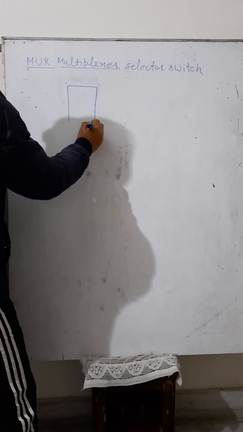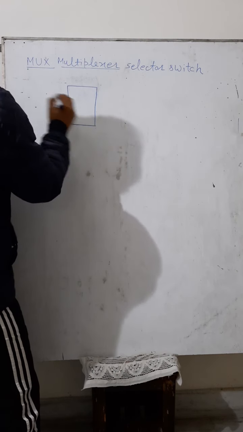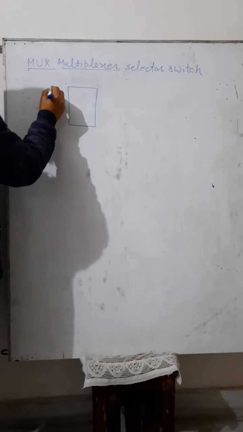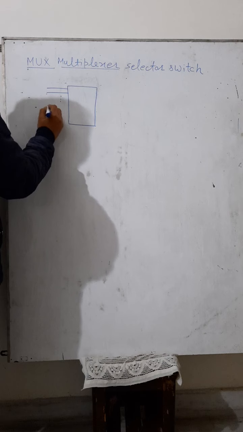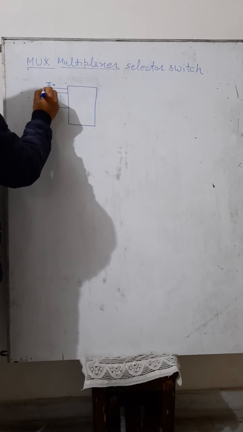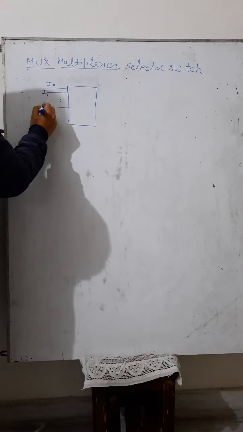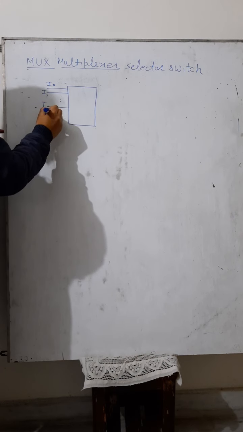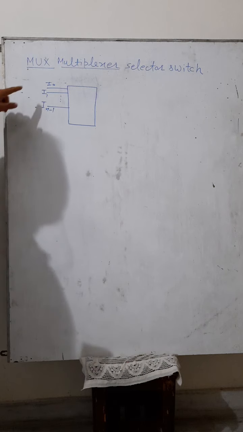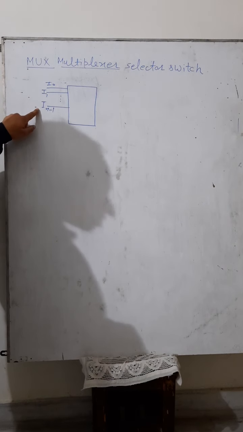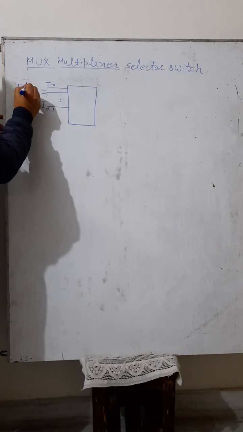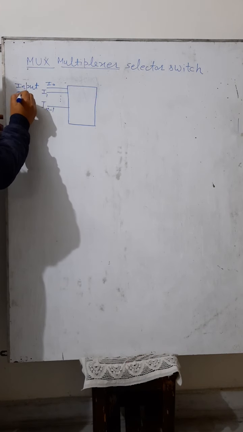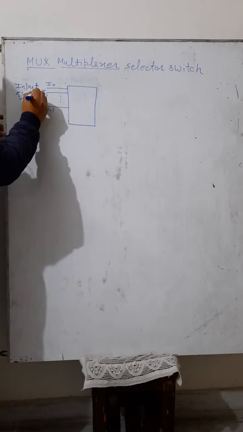This will be the block diagram of Mux, and there are a number of input signals I0, I1 up to In minus 1. It means there are n number of input signals. These are input signals.